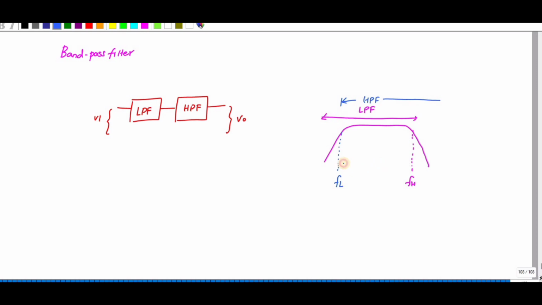Okay. So what is bandwidth? Bandwidth is nothing but the high frequency versus low frequency. That is bandwidth is equal to FH minus FL. So here this FH must be 10 times that of FL.